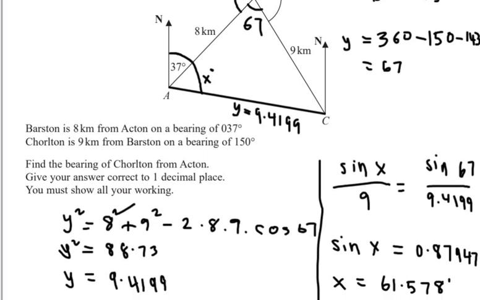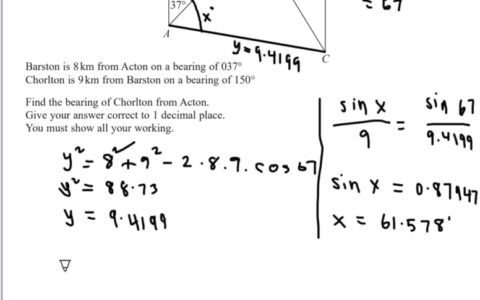So bearing of C from A will be 37 plus 61.578, and we have to give our answer to 1 decimal place, and so that will be equal to 98.578, which is 98.6 degrees.